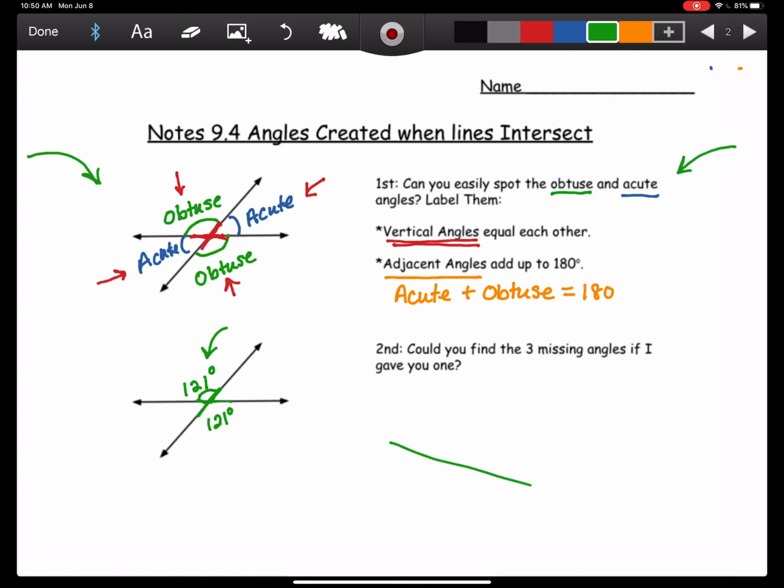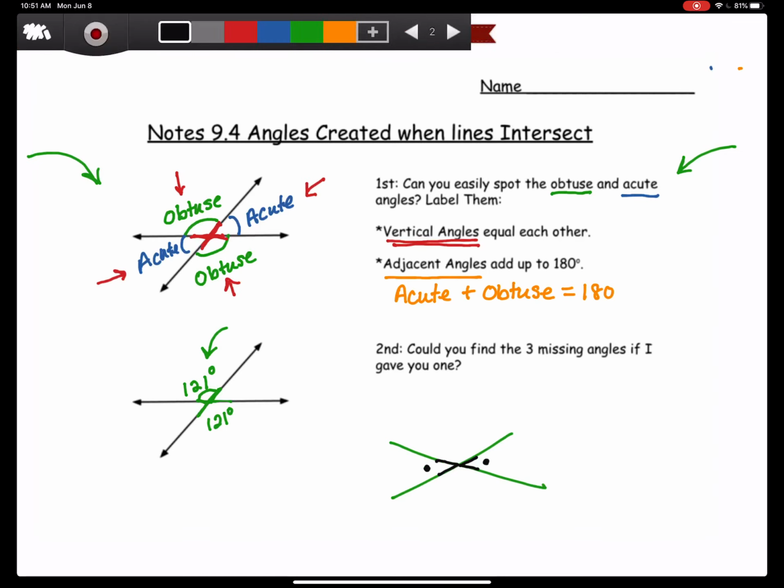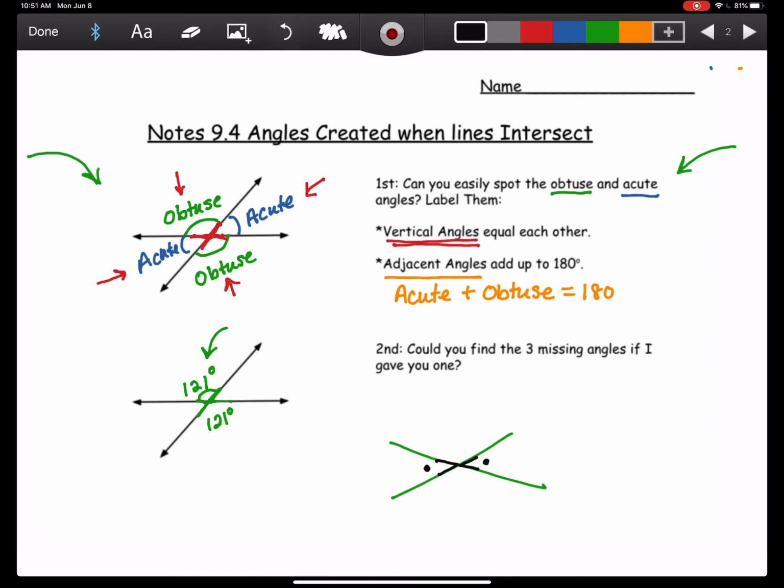So anytime 2 lines intersect, and you don't have to draw this, but anytime 2 lines intersect, this angle here equals this angle here, okay? And the same thing is true for this angle here is equal to this angle here, okay? So angles that point to each other are vertical, all right?